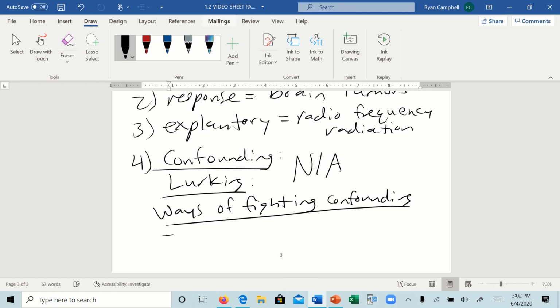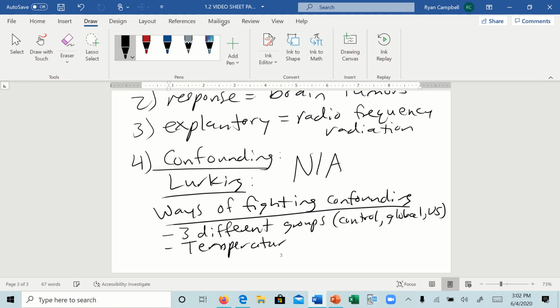They listed all these things out. So there were 3 different groups. I believe there was that control group, one with a global radiation and one for just the US, I believe. The temperatures were all the same, so that wouldn't have affected anything.